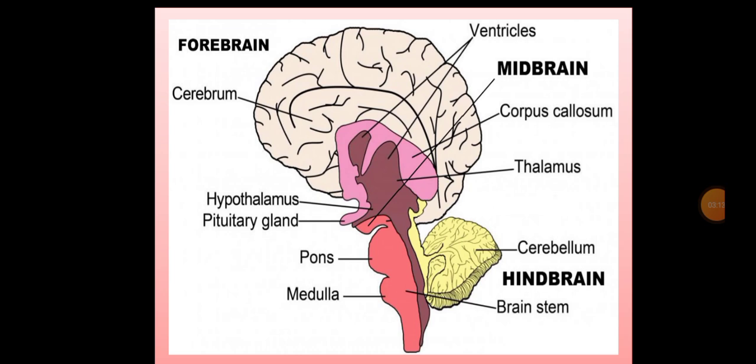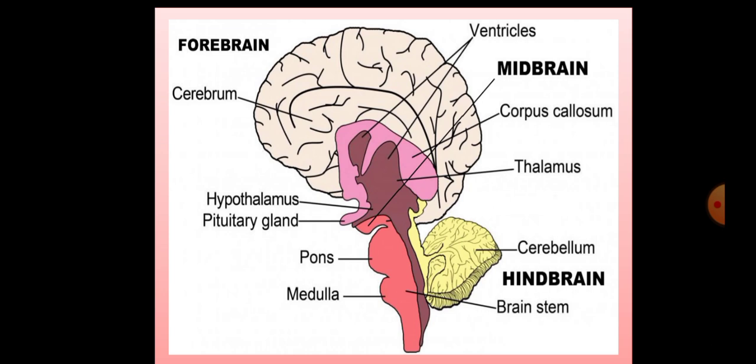The forebrain consists of cerebrum, thalamus, and hypothalamus. Cerebrum forms the major part of the human brain. A deep cleft divides the cerebrum longitudinally into two halves, which are termed the left and right cerebral hemispheres.